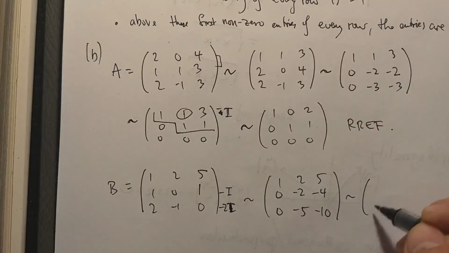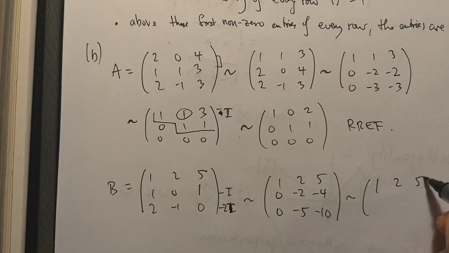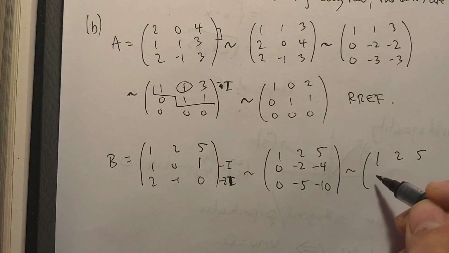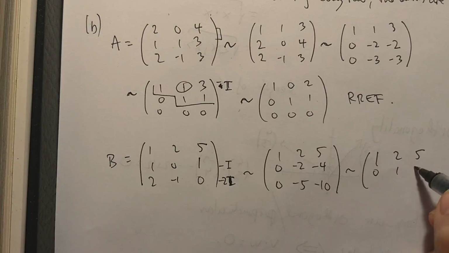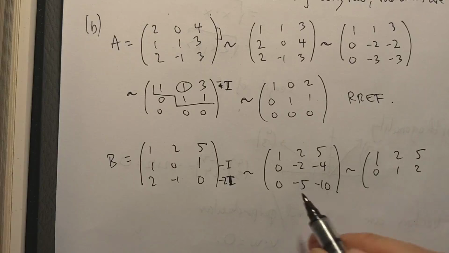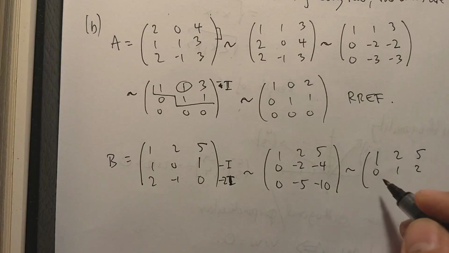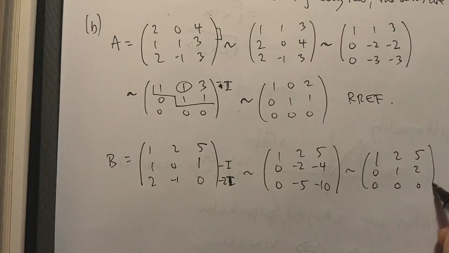So this is equivalent to 1, 2, 5, 0, 1, 2, and this is also 0, 1, 2, so this goes away.